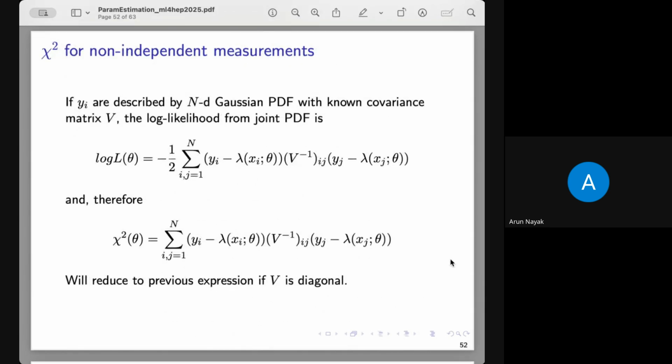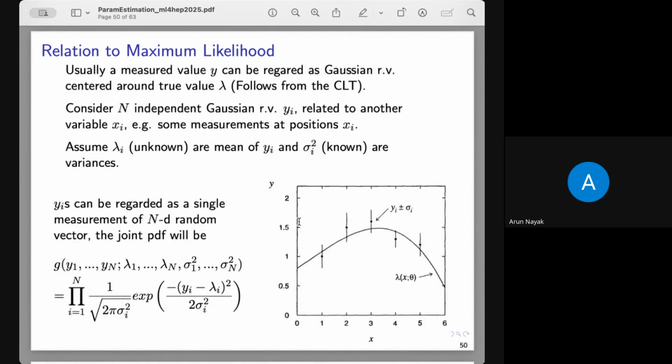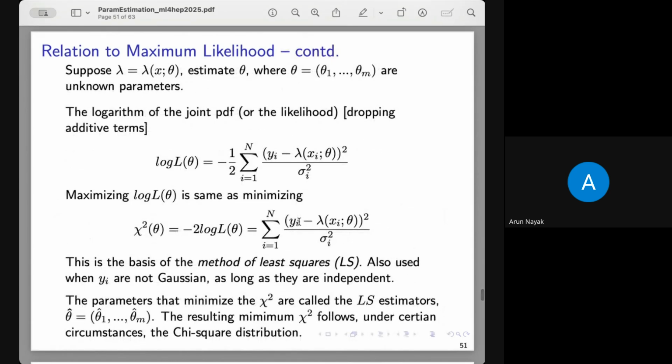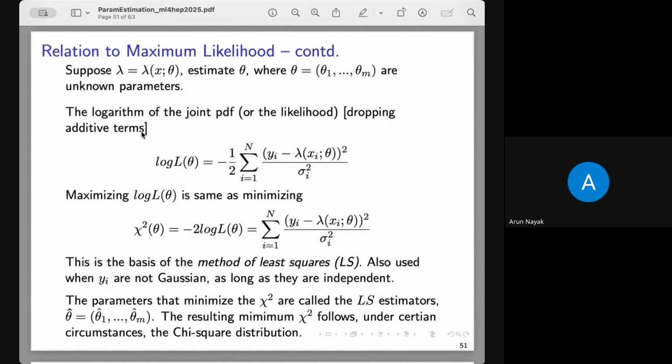Now this is for the case when all the yi are independent measurements. But suppose the yi are not independent, that means their covariance matrix is not diagonal.